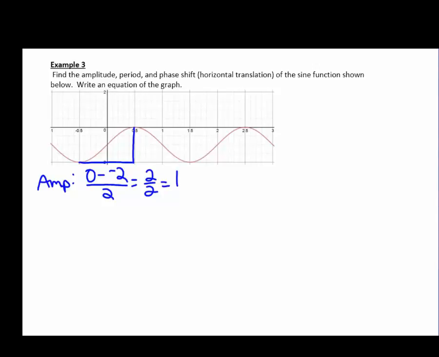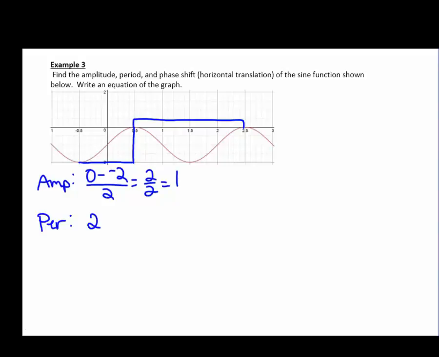We can find our period by looking at the beginning and end of one full cycle. This part is easy to tell because it begins at 0.5 and ends at 2.5. So the distance from 2.5 to 0.5 is 2. So our period is 2.